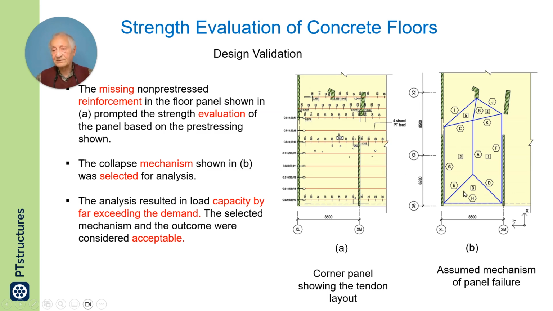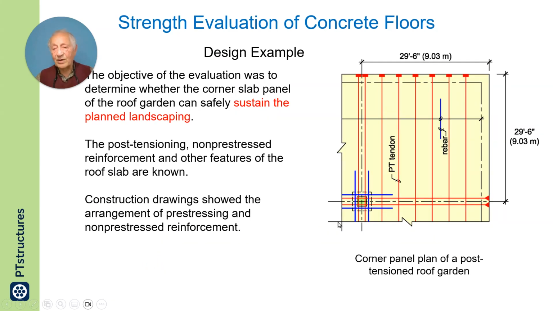That's important. That's a judgment call. And because the calculated capacity for this mechanism by far exceeded the demand, the result was considered acceptable. Now, in reality, this point could be a little bit more down or up, but the result was so much more that it was considered acceptable.